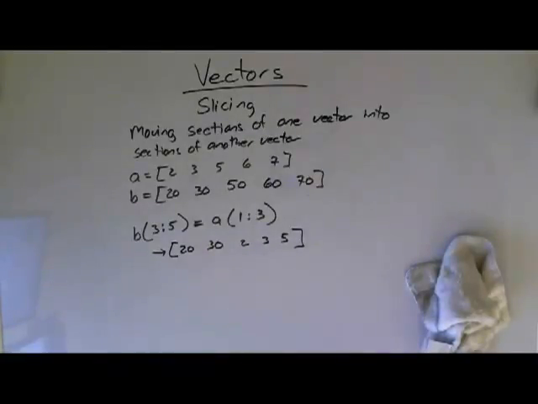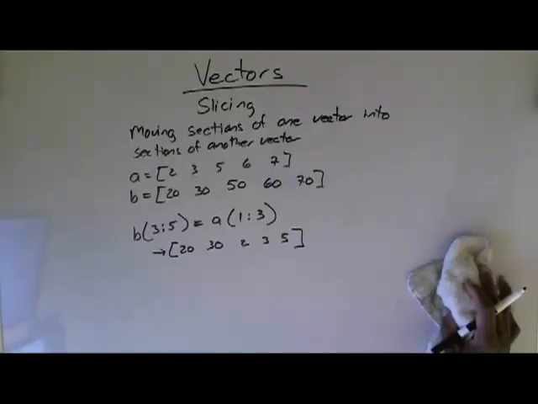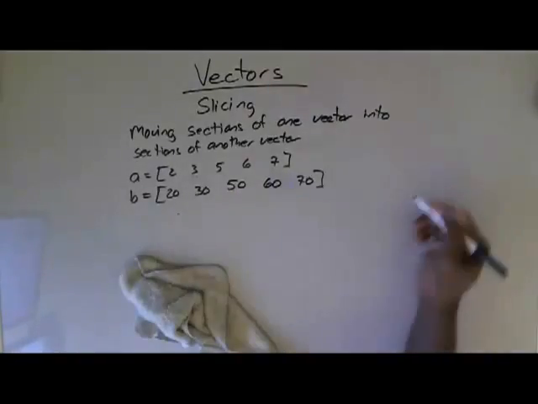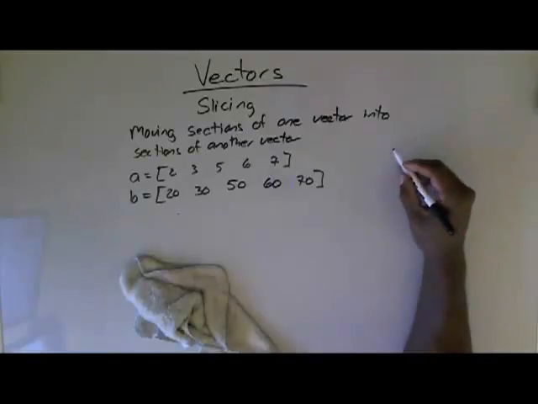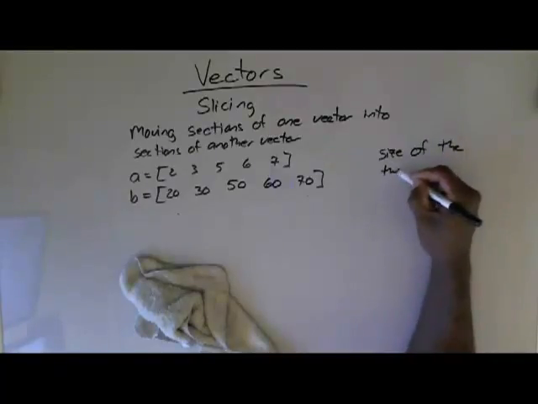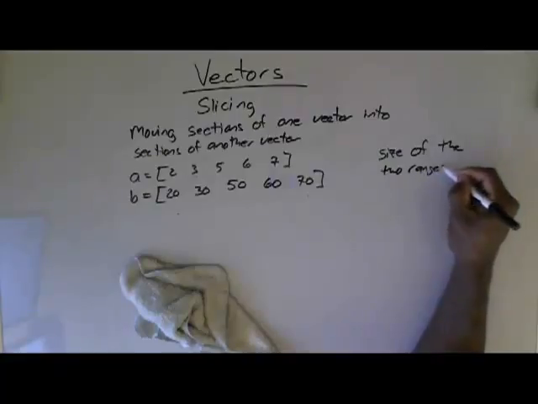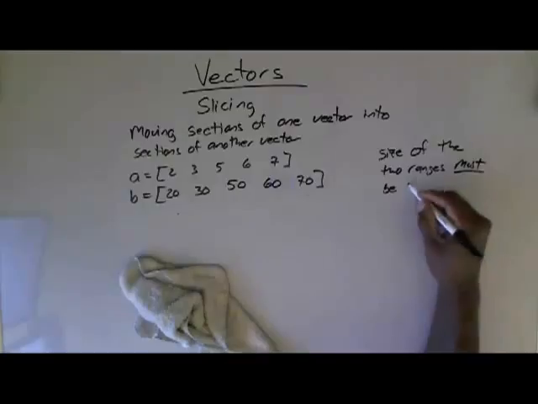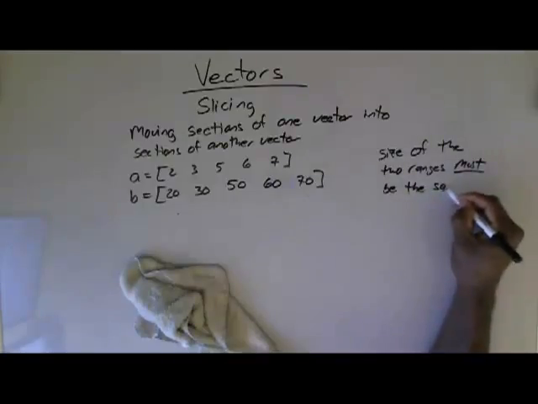Now in all of these, there's one implicit rule that I need to point out, and that rule is that the size of the two ranges must be the same.